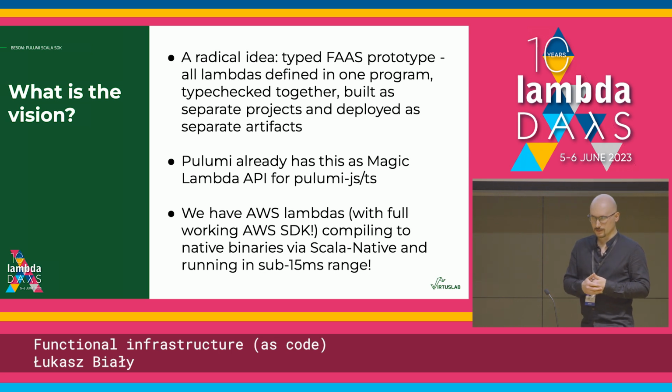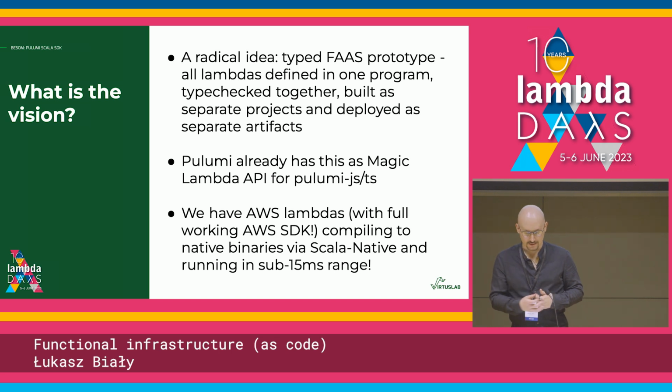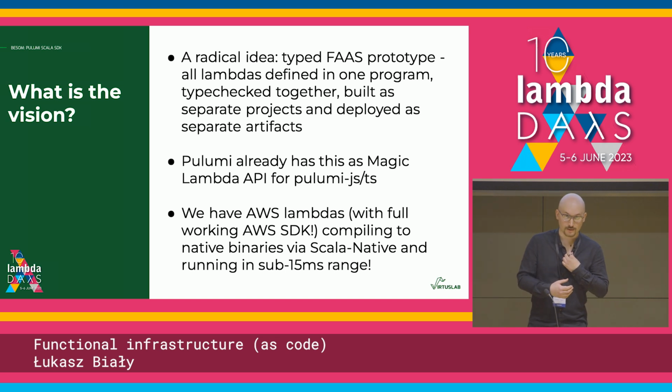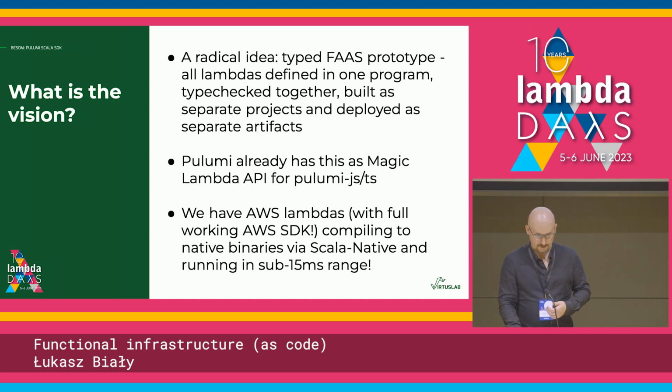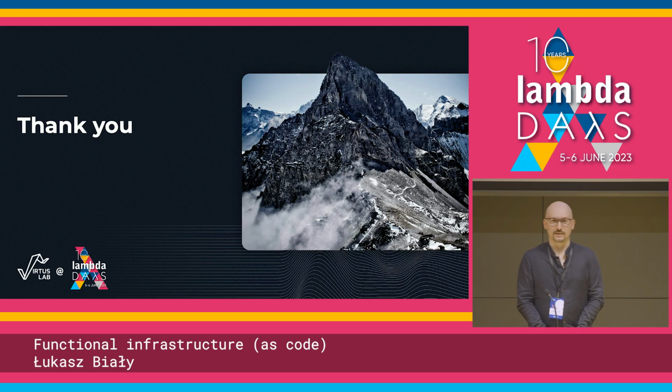It was a quite simple lambda, it wasn't doing much, but after warm-up, it ran in the 5 millisecond range. So we are hyped about that. We want to allow you to do stuff like that. So I think that's the last thing. Yeah, it is. Thank you so much.